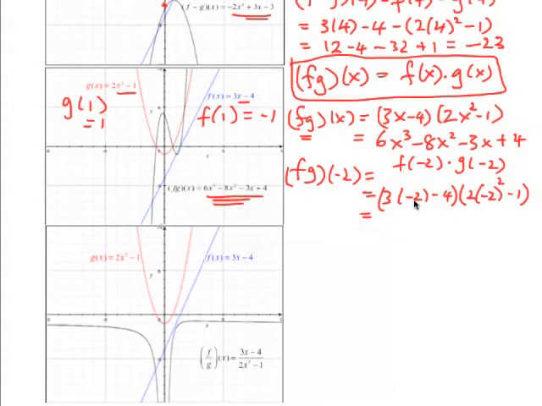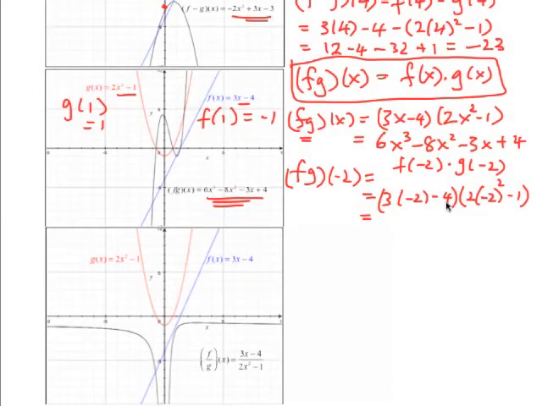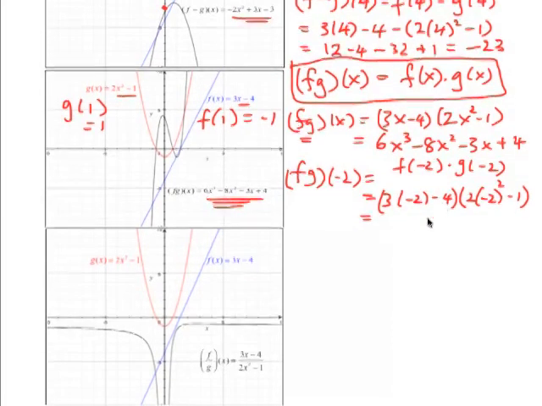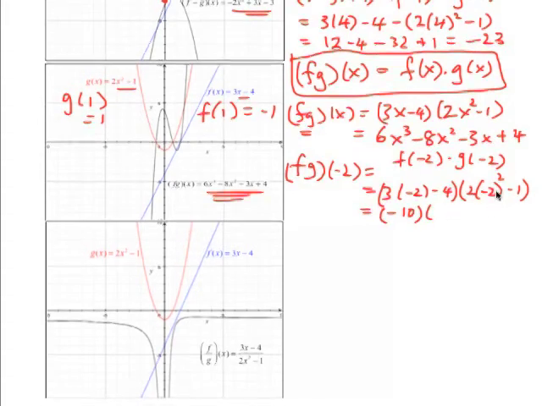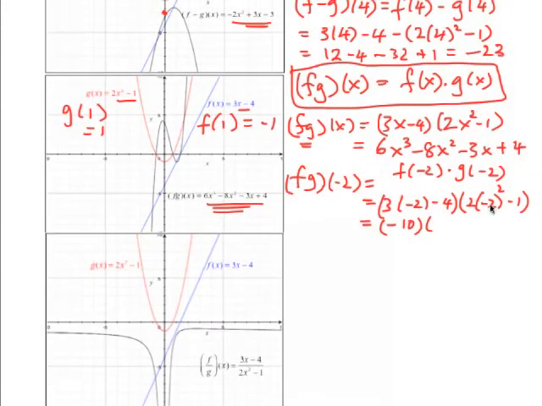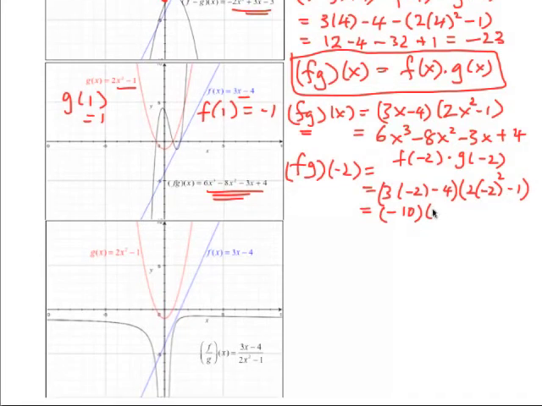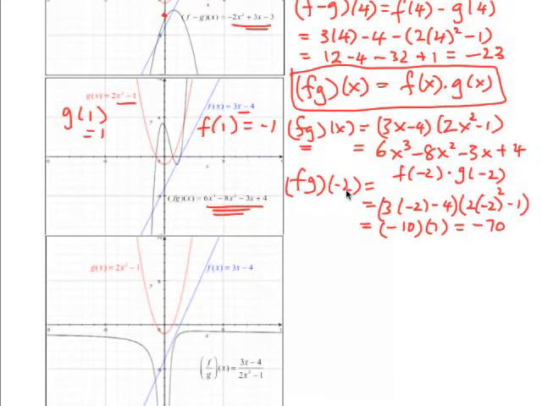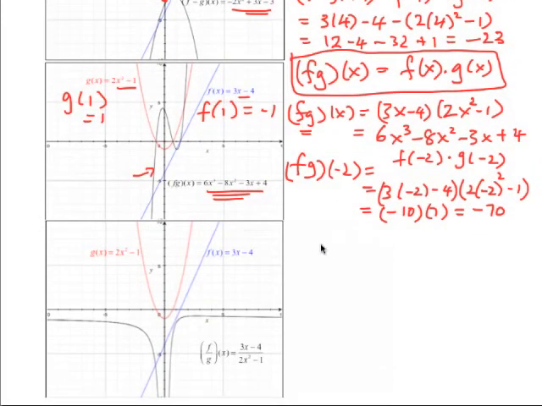So this will be 3 by negative 2 is negative 6, subtract 4 is negative 10. And this will be 4, negative 2 squared is 4, 2 fours are 8, subtract 1 would be 7, and so I'll end up with negative 70. Again, this is the point negative 2, negative 70 on this particular black curve right here.